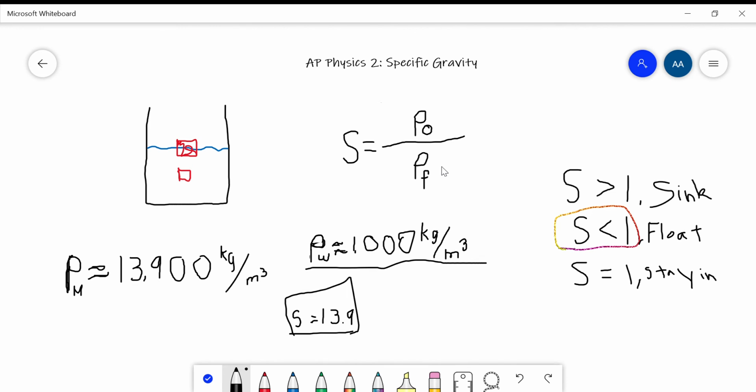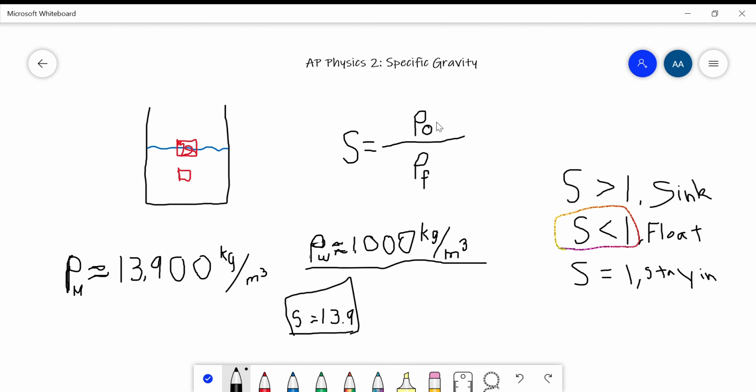Now, what if we were to do this the other way around? What if the object was water, and mercury was the fluid? You can have liquid mercury, and water is a liquid, and the object can be liquid, by the way, I forgot to mention that. It doesn't have to be a solid, it can be a gas as well, I'm pretty sure.